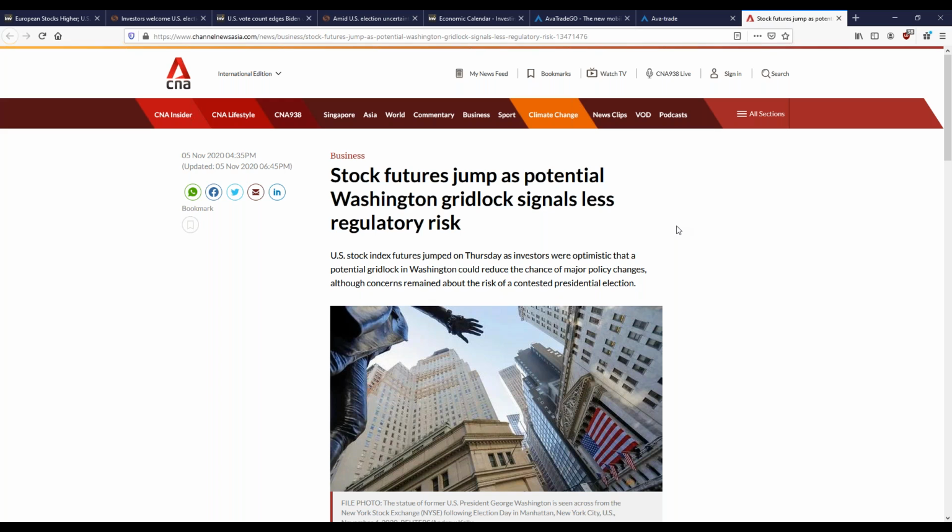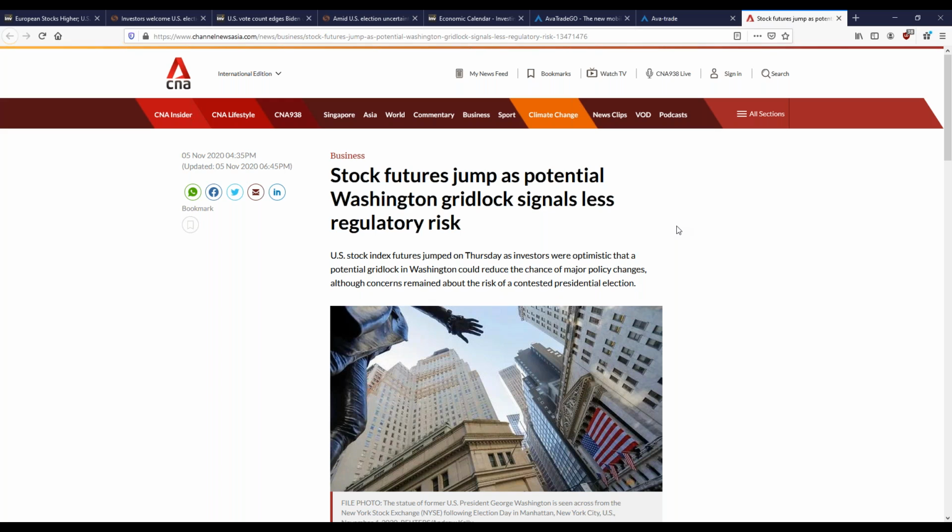right now. But the fundamental news, why is gridlock in Washington good? They're telling you there's less risk of regulatory changes, right? If Congress is divided in the U.S., it doesn't matter who's president. If Joe Biden said, I'm going to raise taxes and increase regulations and undo everything Trump did to get rid of regulations and lower taxes, he can't do it without getting the Senate to cooperate with him.